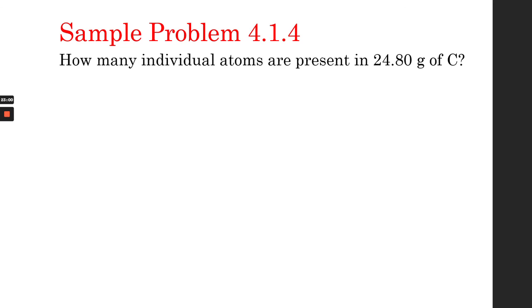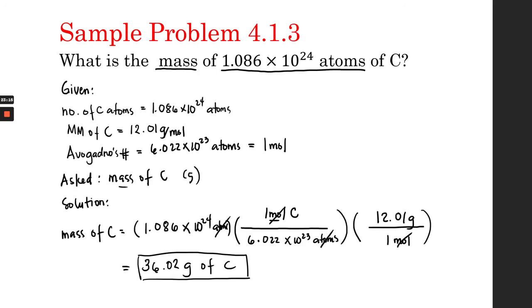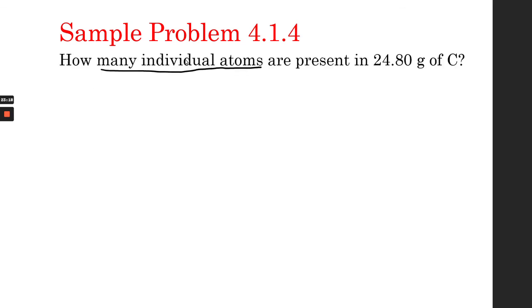Let's continue on with our last sample problem. How many individual atoms? This time I'm looking for how many atoms I have. Our third problem, 4.1.3, they gave us, let's go back, they gave us the number of atoms. I was looking for mass, but this time they gave me the mass of my carbon, and I'm looking for the number of particles I have. So what is given to me is the mass of carbon, which is equal to 24.80 grams.